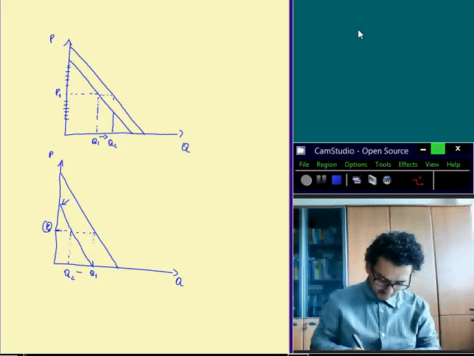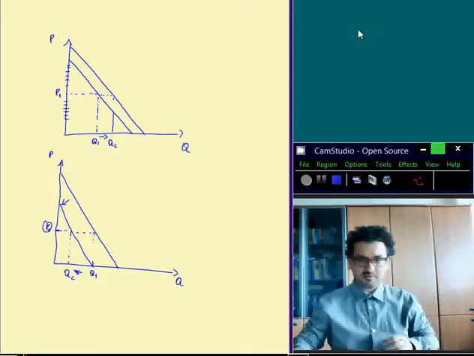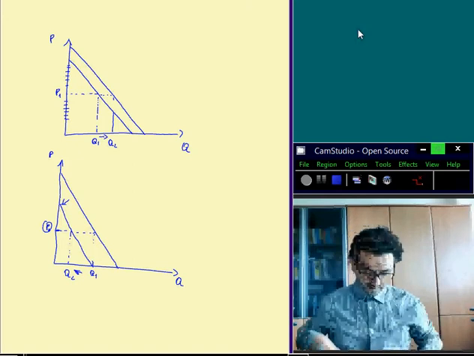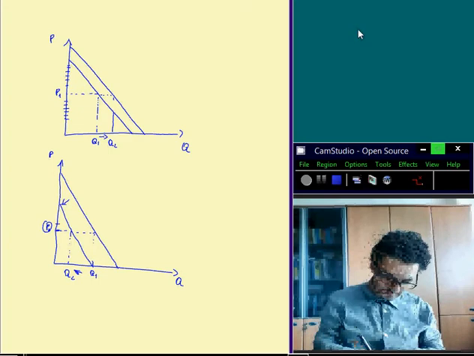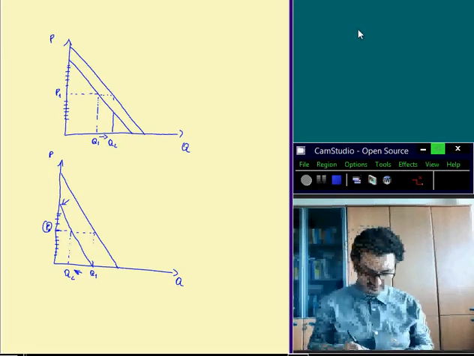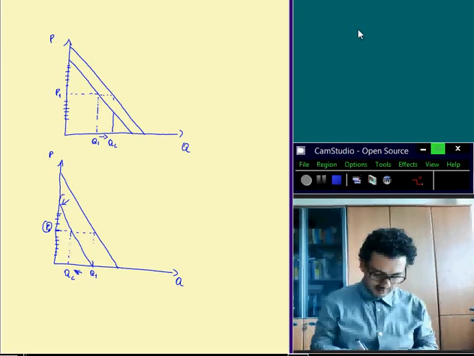So we have a reduction in the demanded quantity from Q1 to Q2. But this is true for each level of price for coffee. So we observe a shift on the left of this demand curve as is represented in this picture.